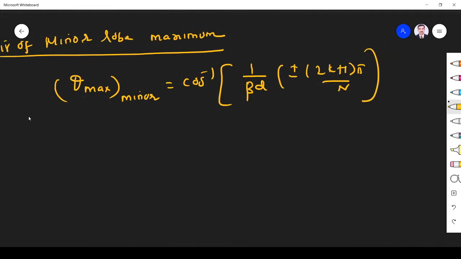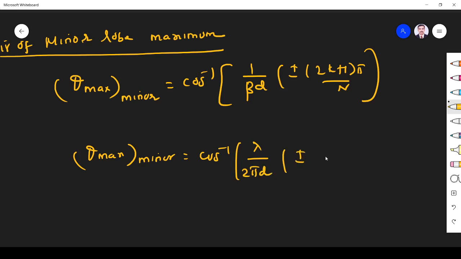So this indicates theta max minor is equal to cos inverse of lambda by 2 pi (beta is 2 pi by lambda), plus or minus (2k plus 1) pi divided by n.